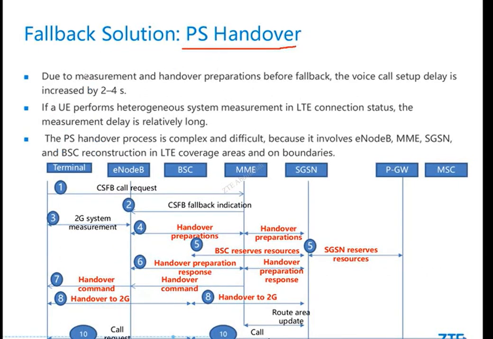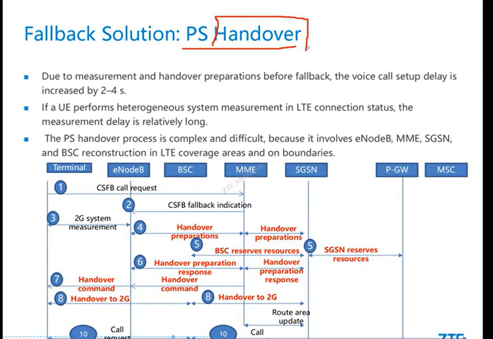For the PS handover, you can see the delay will increase 2 to 4 seconds. Why? Because you know in handover there are 3 steps. The first step is a handover preparation, and the second step is a handover execution. The third step is a handover completion, right?